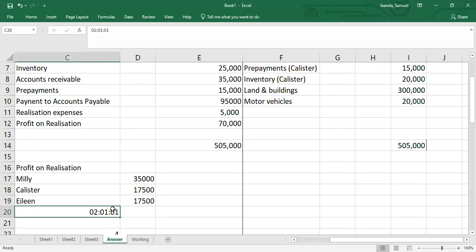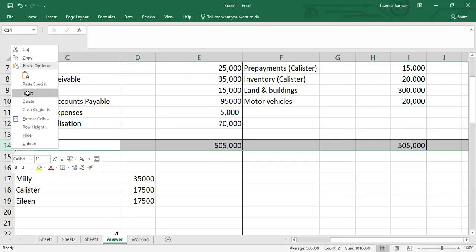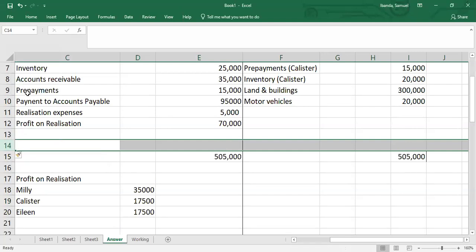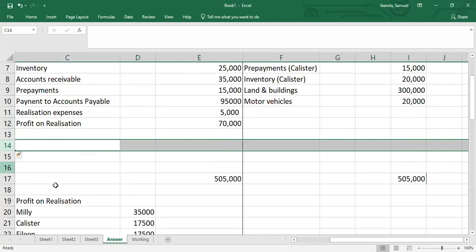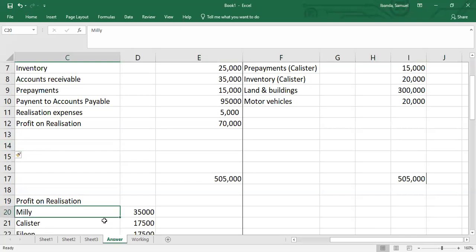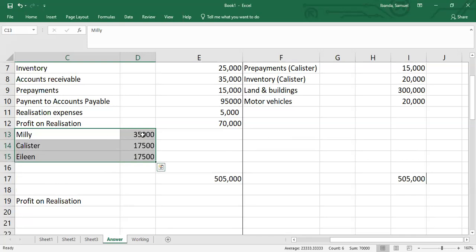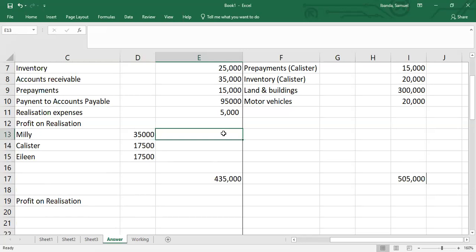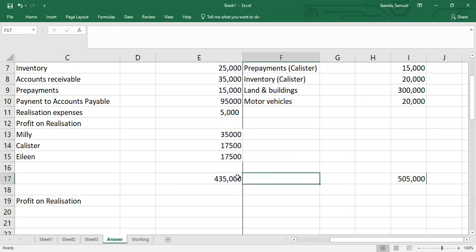So instead of putting this profit on realization here alone, you can break it down and put those values as they are there. This is how the account will happen. So that's what you basically have.